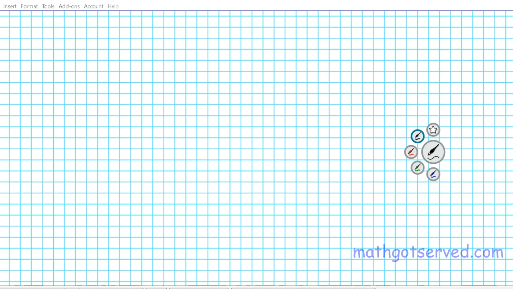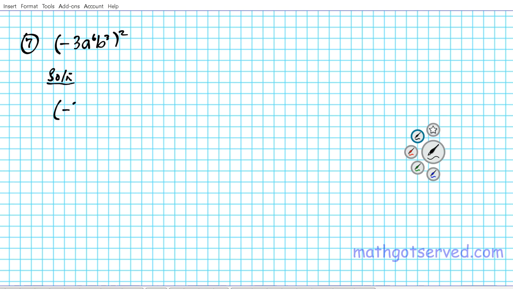Alrighty, let's take a look at question 7. What if we have the monomial -3a to the 6th, b to the 3rd, all raised to the 2nd power? Let's go ahead and simplify that.